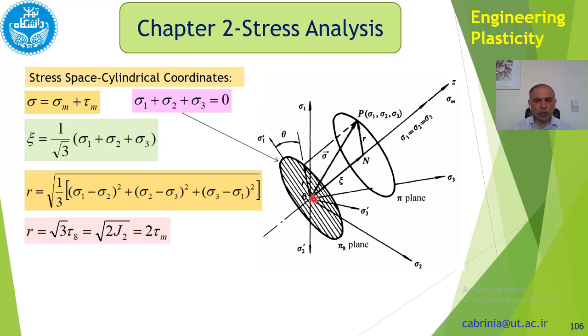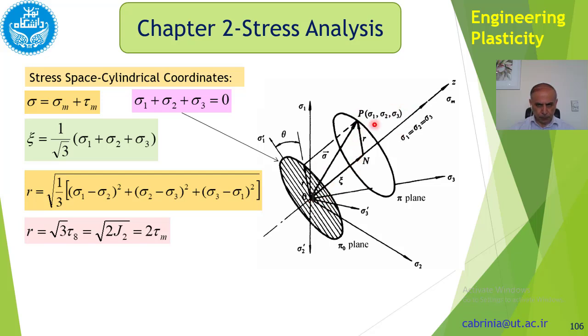And therefore, as you can see, we said that the hydrostatic component of pressure doesn't have any effect on the stress, so we just have to use the deviatoric components.